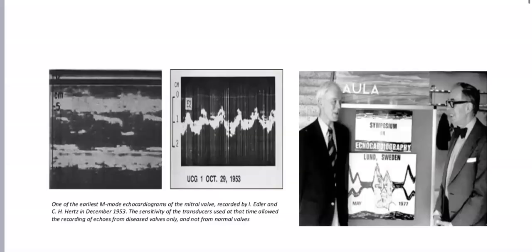So, you know that the echo, thanks to these two gentlemen, Edler and Hertz, in the 1950s, they started to employ the technology of echo, and it was humble to start with. The very initial image they managed to get was M mode. So M mode historically was the first mode in echo.